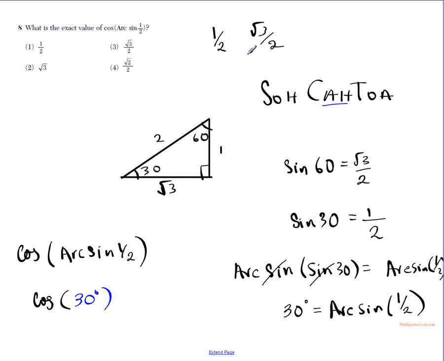Adjacent over hypotenuse of this triangle we just created. Wait, this is my opposite. I'm going to get confused. Because we're dealing with 30 degrees, this is my adjacent, and this is my hypotenuse. So cosine of 30 degrees is adjacent over hypotenuse, which is root 3 over 2. Okay, so there you have it.